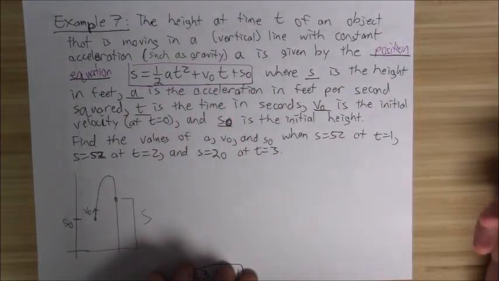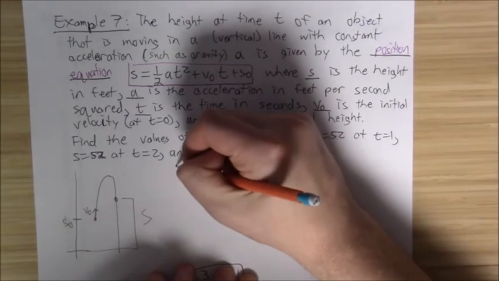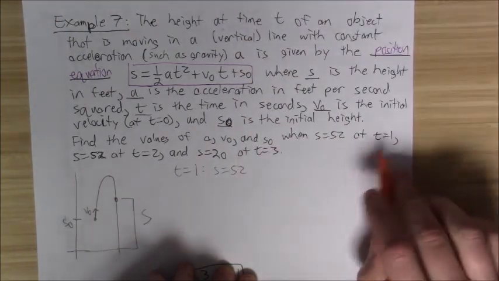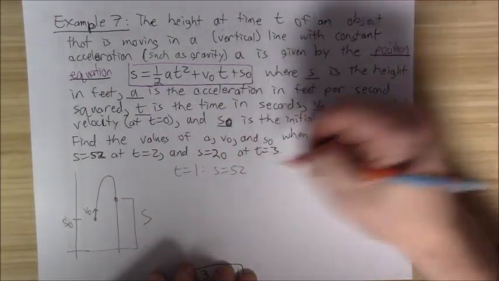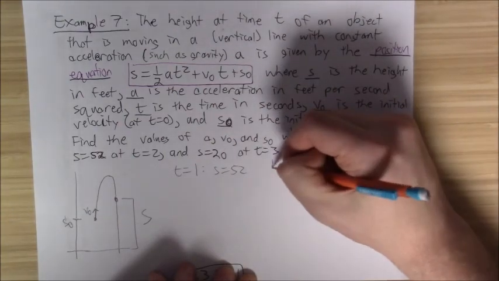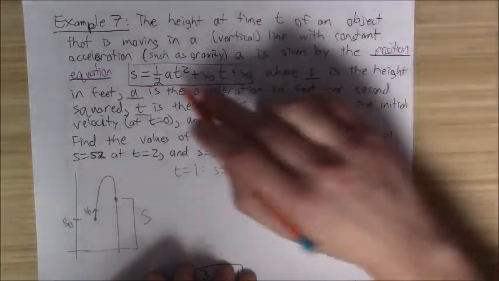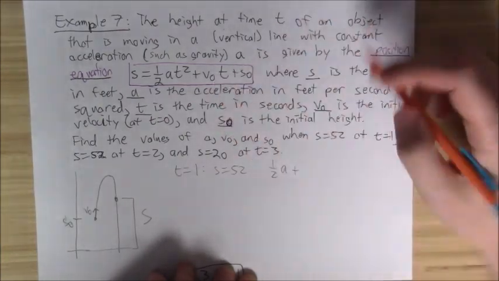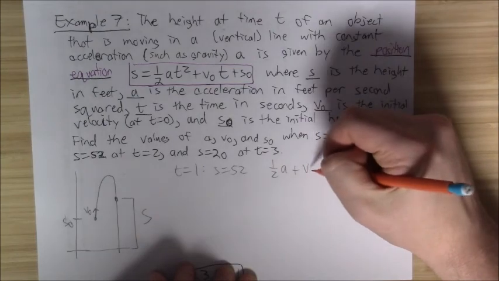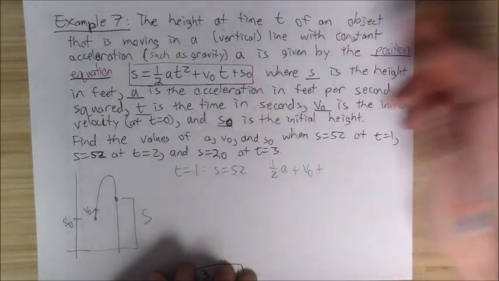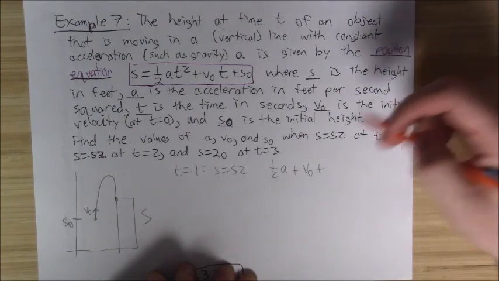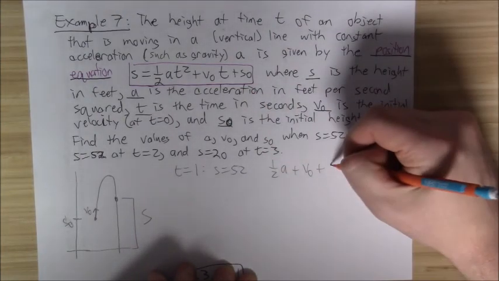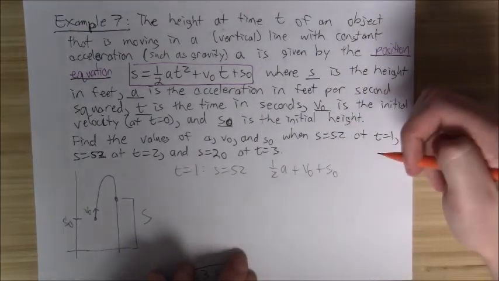For t equal 1, S equals 52, which means that when we plug 1 in, we get 1/2 A times 1 squared, which becomes just 1, plus V0 times 1 is V0, plus S0, because S0 is always just S0, right?